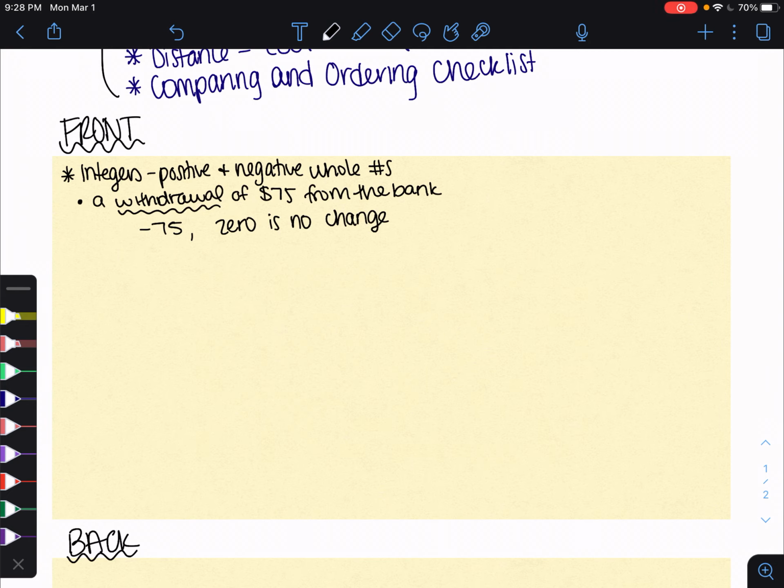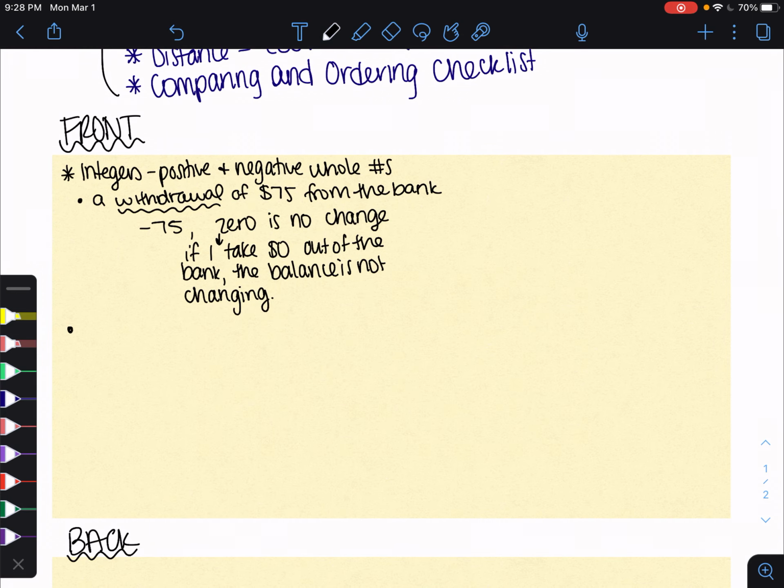Because if I don't take any money out of the bank, the account balance is not changing. Okay, so that's an example of no change.